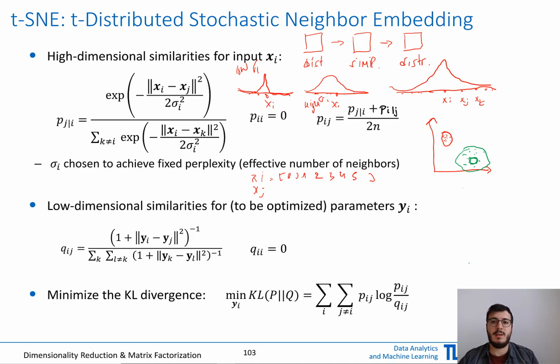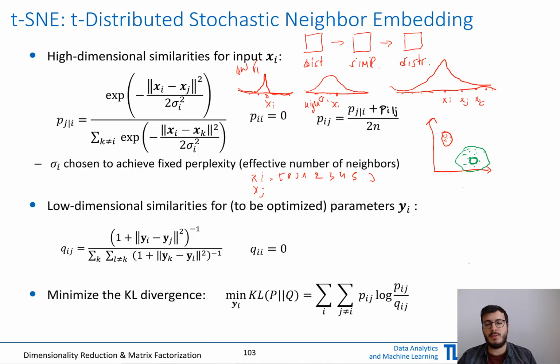Let's say we set the perplexity to 10. That means we want each of the data points to have roughly 10 neighbors which have high similarity, and the rest of the data points should have low similarity. So we optimize the sigma i independently for each of the data points via bisection in order to achieve a perplexity of k, a perplexity of 10, for example.